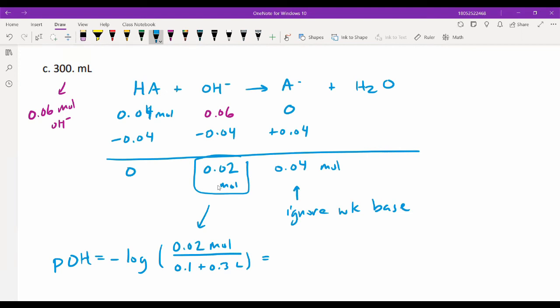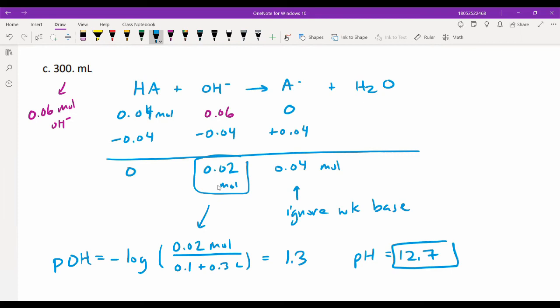You could find the hydroxide concentration if you want, or just take the negative log. This is going to be 1.3 for our pOH, and our pH therefore is 12.7. So once you go past the equivalence point, because you have extra hydroxide, the pH should be pretty high. So that makes sense. So there you have it.